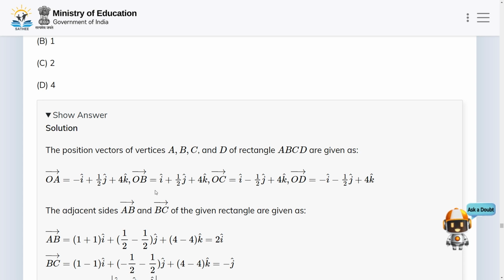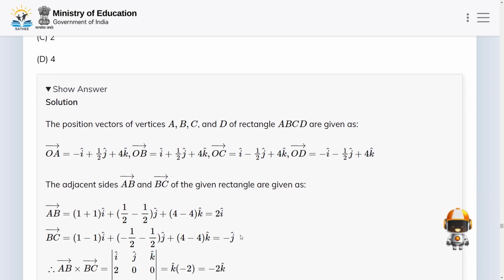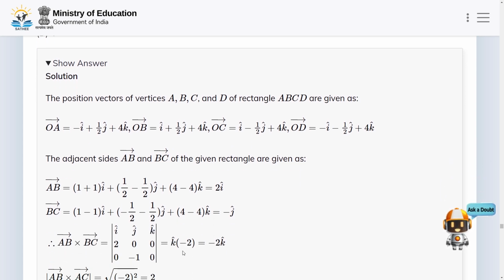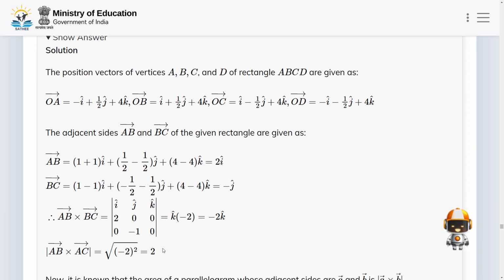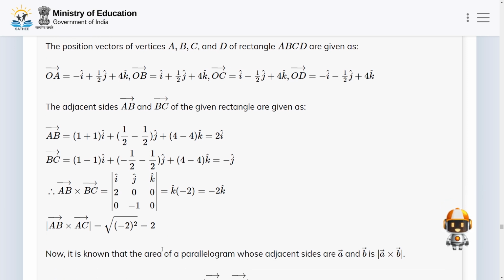will be 1 minus 1, minus half, and 4 minus 4. This means minus j hat. Now the cross product will be minus 2k hat. The magnitude for it will be just 2. Now what about the area? Just simple.